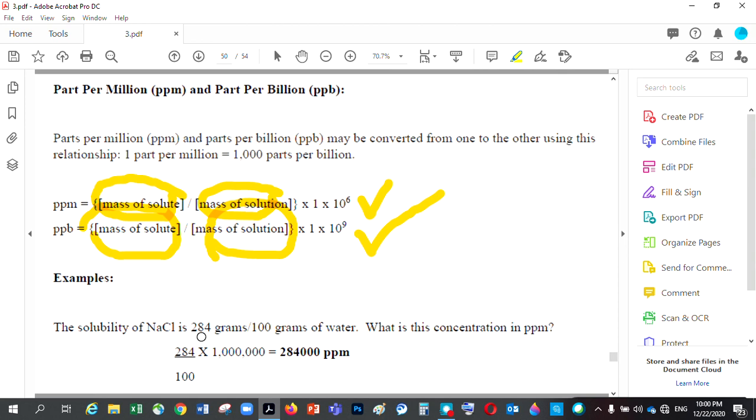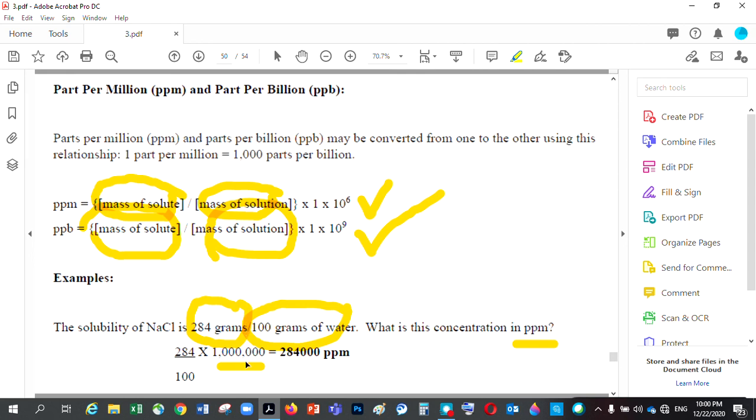So example. Solubility of sodium chloride is 284 grams per 100 gram of H2O. What is the concentration in ppm? Remember, 284 grams, you divide it by the mass of the sample, and you multiply it by 10 power 6. Correct?